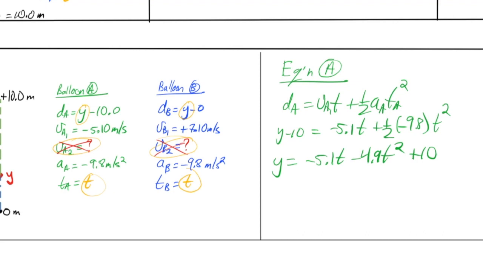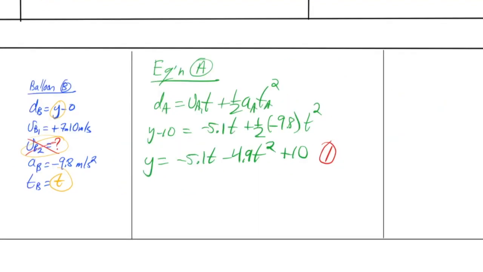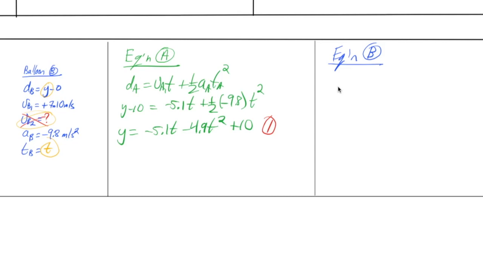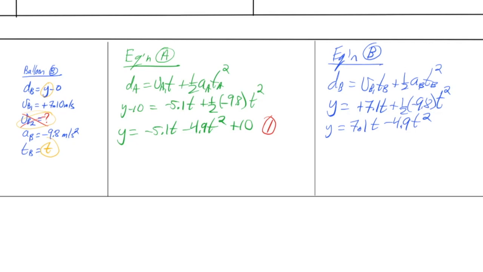And that negative 4.9 T squared comes from simplifying this. So we'll call that our equation 1. So our equation for B is in the same form. So y equals positive 7.1T plus 1/2 times negative 9.8 T squared. Cleaning that up a little, we get y is equal to 7.1T minus 4.9 T squared.